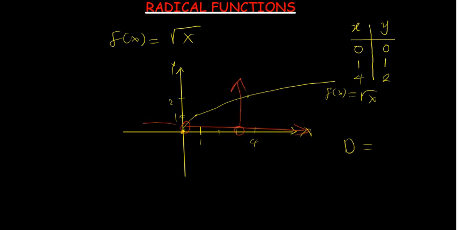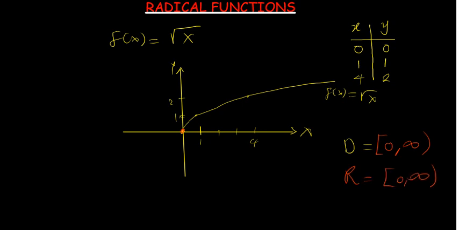Notice that we don't have any negative x value and we don't have any negative y value. So we are only concerned with the positive part. Therefore the domain is from 0 up to infinity. Notice that we are including 0 here because of that point. Same, the range also is from 0 up to infinity. We are starting from this point going like that, that's the range, and then starting from this point going like that, that's the domain. Alright, so that is the first function we need to understand.